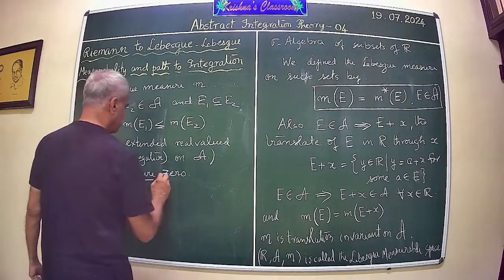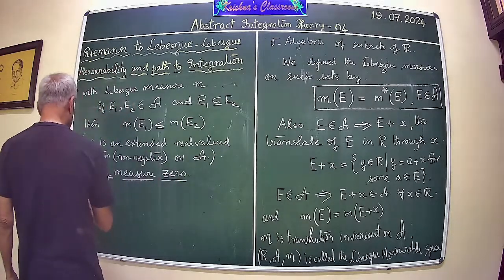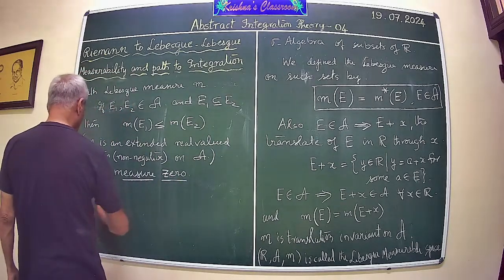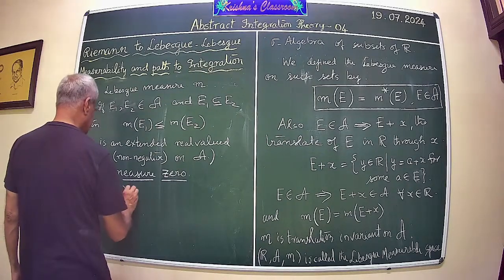Now one of the things that you have is that the measure of the empty set is equal to 0.